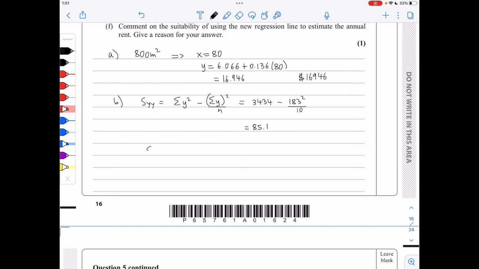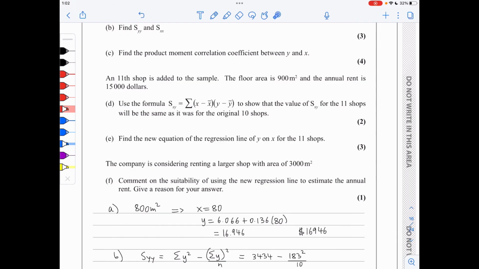And similarly for SXX, it's going to be sigma x squared minus sigma x all squared over n, which is equal to 84,818 minus 900 squared over 10, and this gives an answer of 3,818.